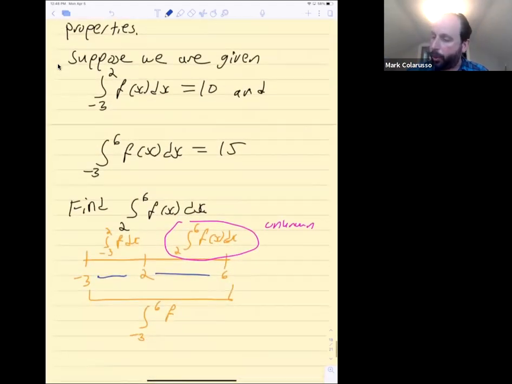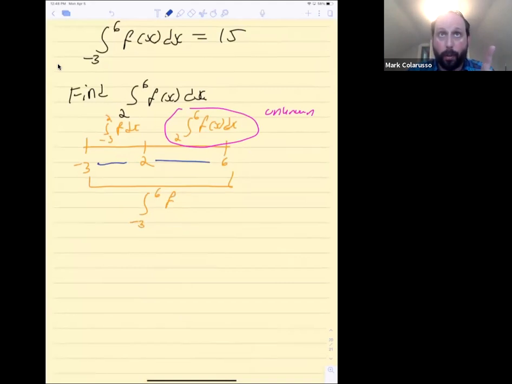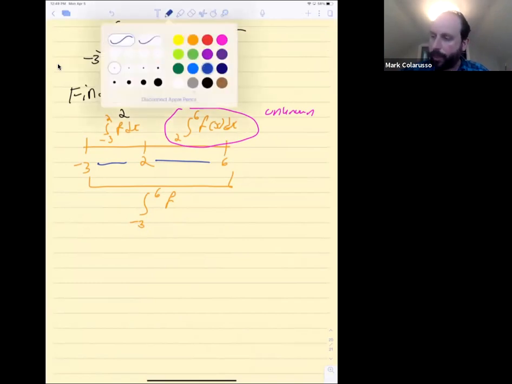So by the adjacent interval property, this integral plus this integral will give you the whole integral. Now, we don't know this one, but we know these two. And so that property will give us an equation where we can solve for this. Okay, so that's the idea.